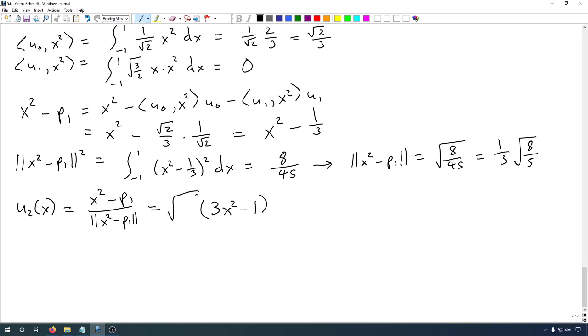So we'll have a square root of 5 over 8. And that is our second degree basis vector. It's a unit vector that is orthogonal to both 1 and x.